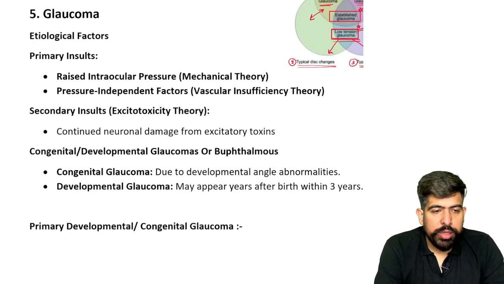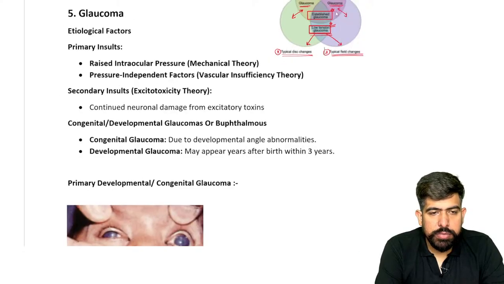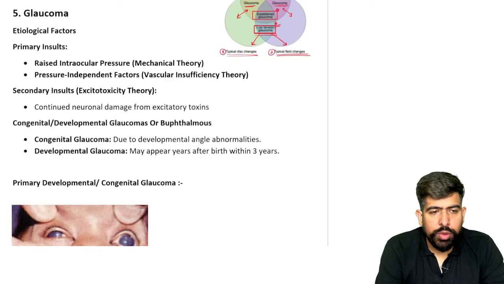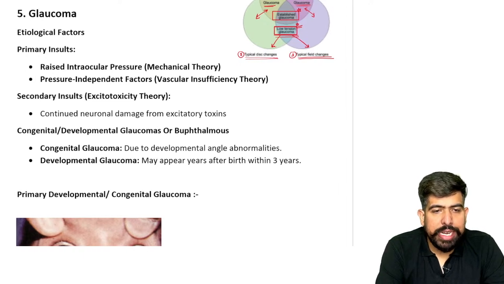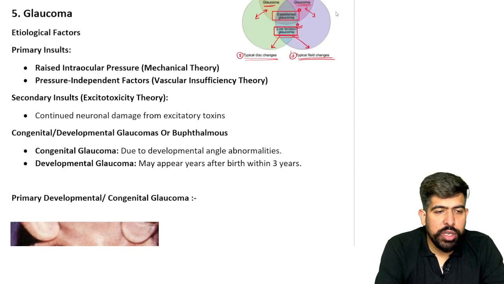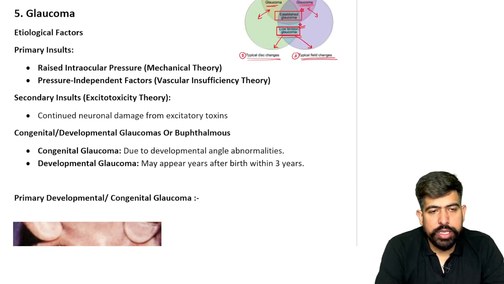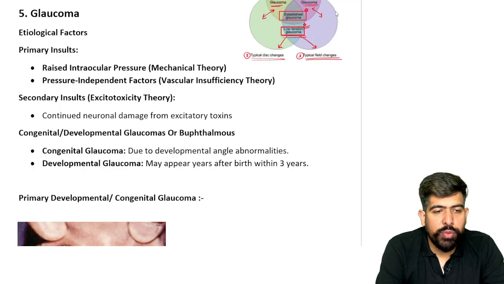Now come to this part. We have to talk importantly about the etiological factors. In the etiological factors, first of all we have the primary factors, which need a raised intraocular pressure.